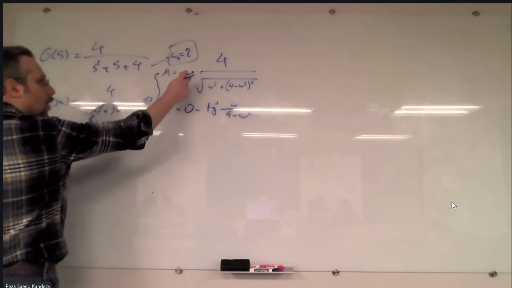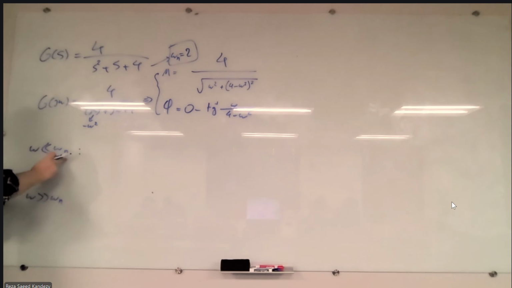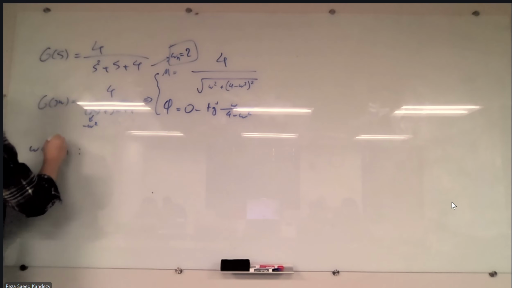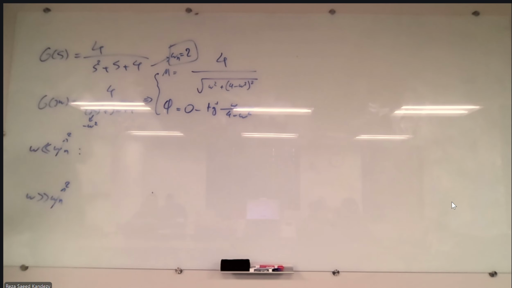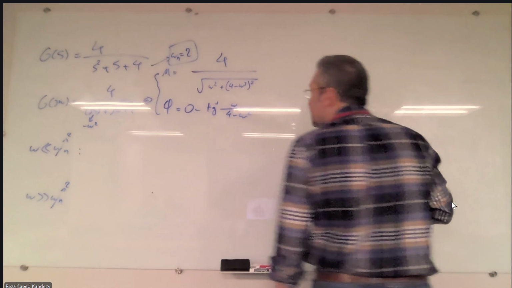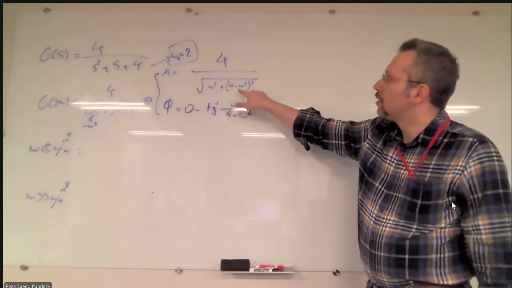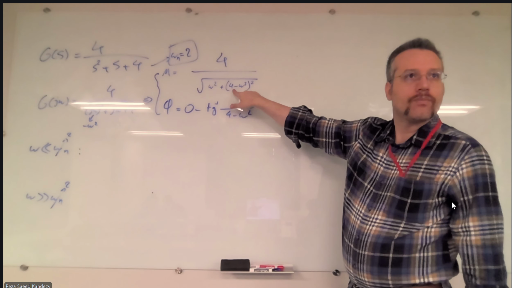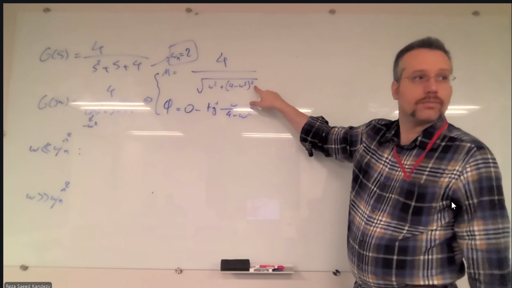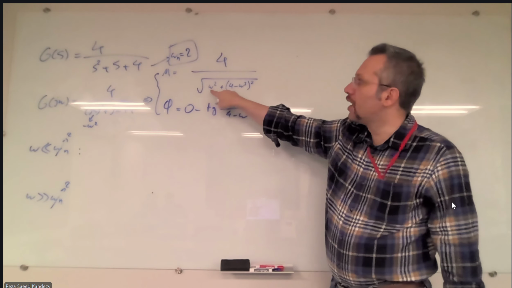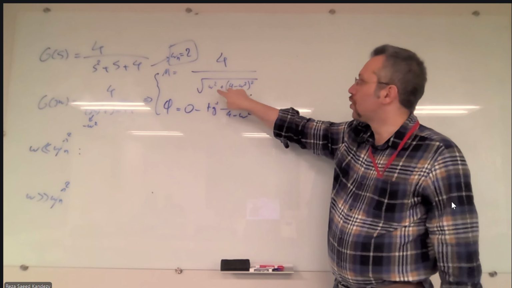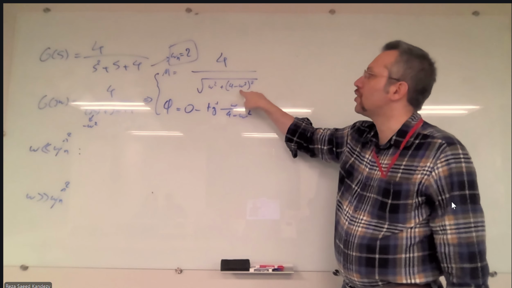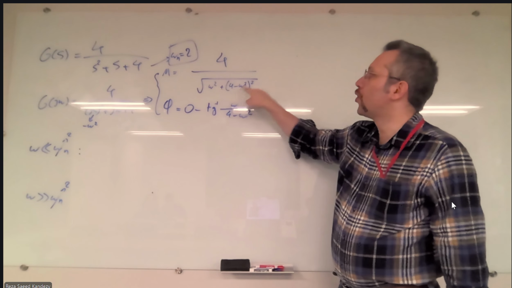The amplitude wise, if omega is less than omega n, which is basically less than 2, we already calculated that. If omega is way less than 2, this one becomes 4, or basically 4 squared, and again we can neglect this one also. So the whole denominator reduces to the square root of 4 squared, which is 4.